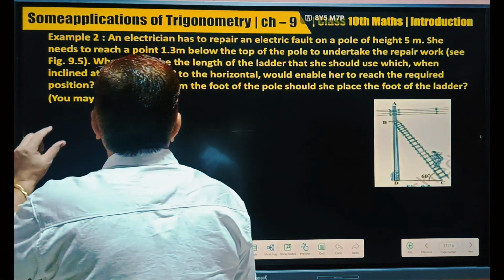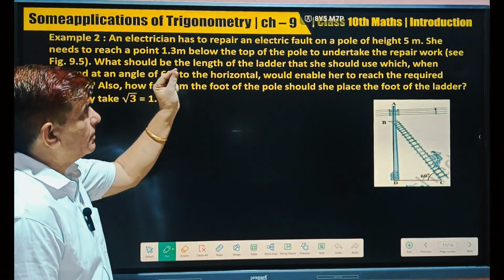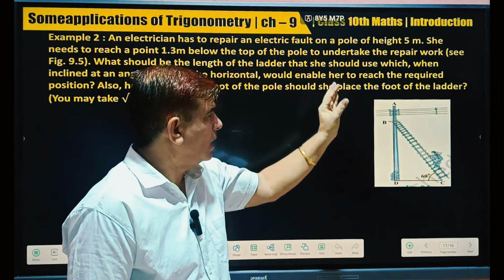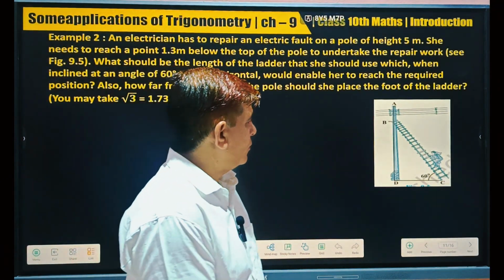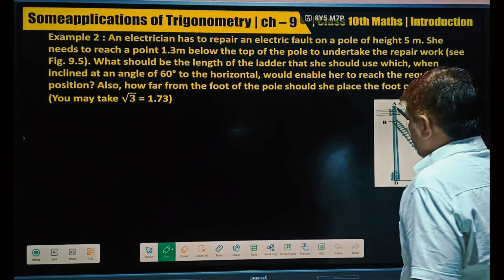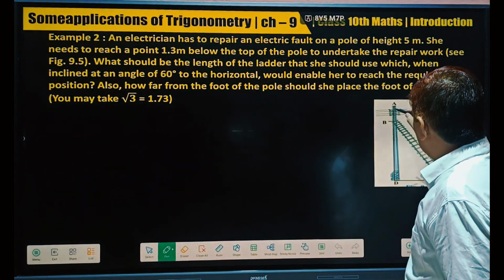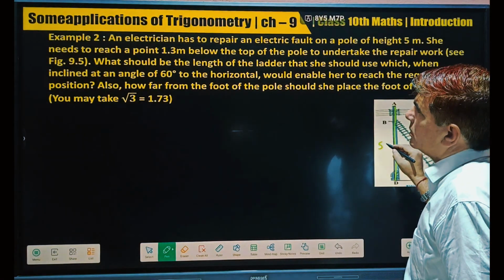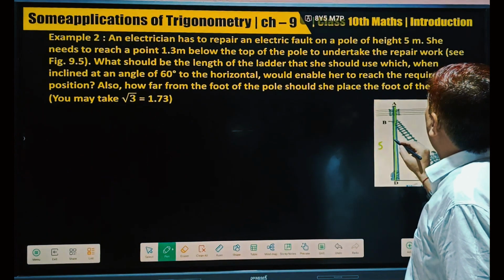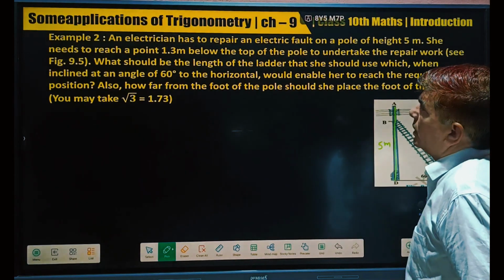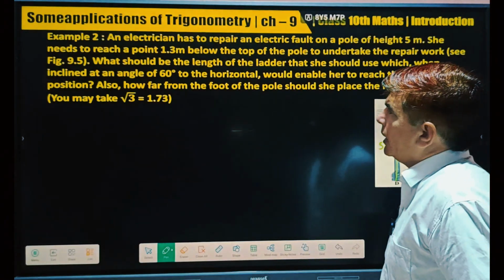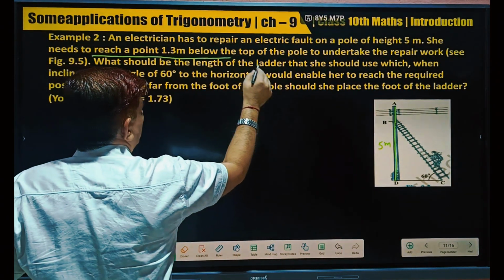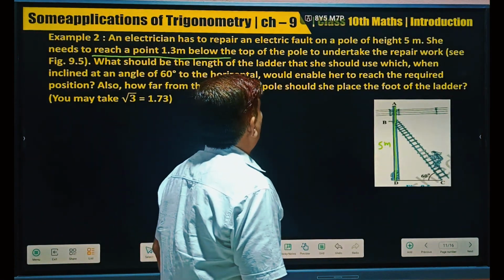So what's the example? An electrician has repaired an electric fault on a pole of height 5 meter. Height of this pole is how much? 5 meter. This is the pole. Its height is 5 meter. Understood? She needs to reach a point 1.3 meter below the top of the pole.